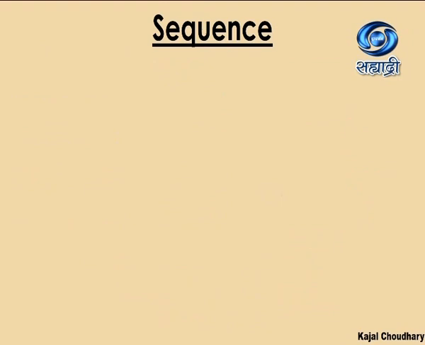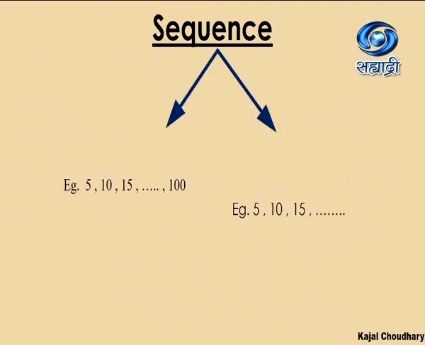If we take this into consideration, and see these 2 examples given to us, please observe the sequences carefully. In the first example, we have the ending of the sequence, whereas in the second, we do not have an ending.